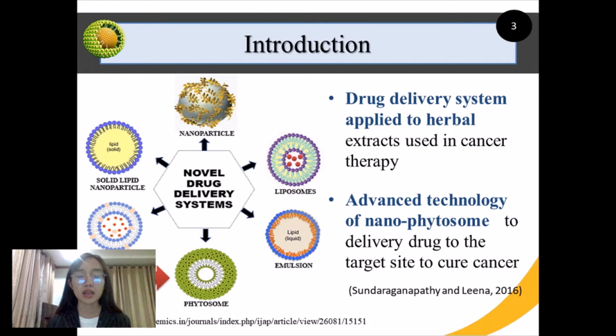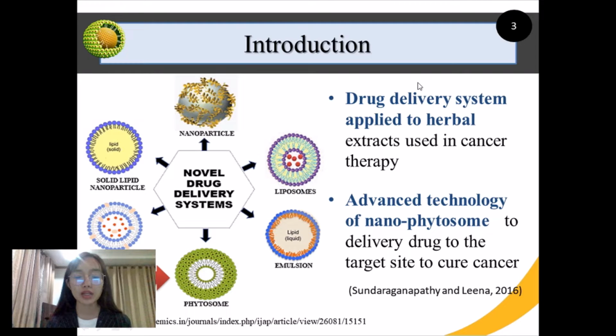This picture shows novel drug delivery systems, which are phytosome, solid lipid nanoparticle, liposome, emulsion, and phytosome. In this study, we focus on phytosome.